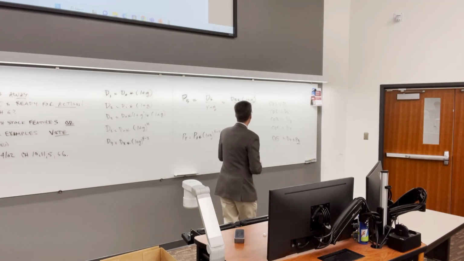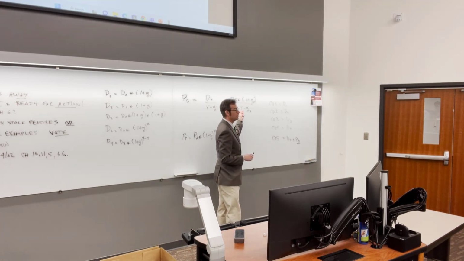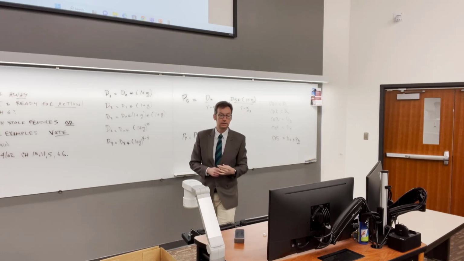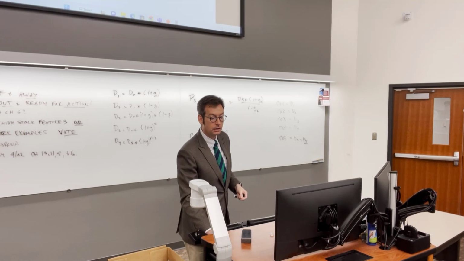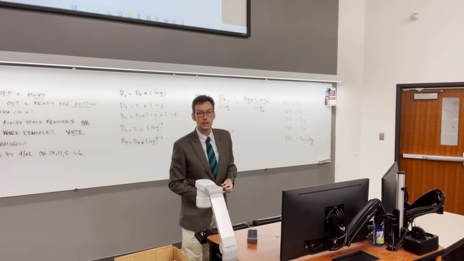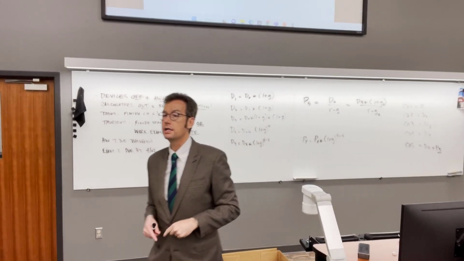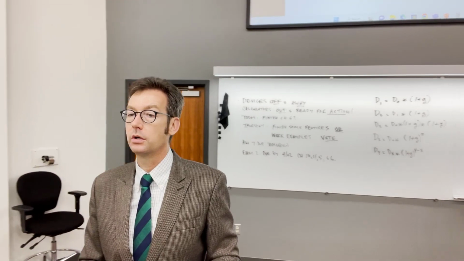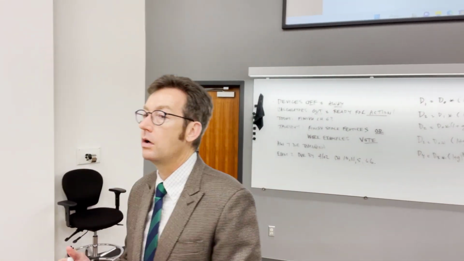It's 15. Arrow down, compute. That tells us that the share price is $27 per share. $27 per share is the present value of all the future dividends.